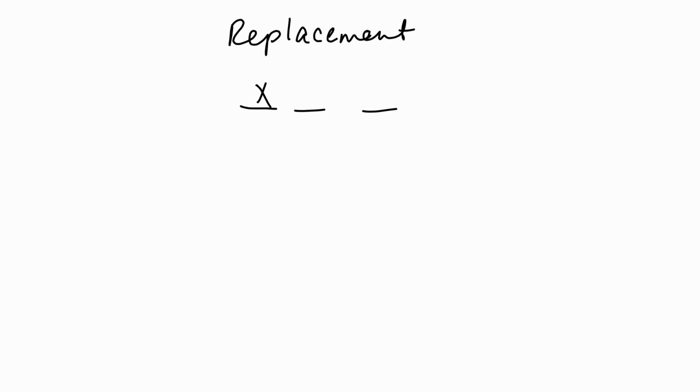When you start adding replacement, which would be every time I choose a number out of the bag, I look at it, I write it down, and then I put it back in the bag, so I could choose it again on the next round. The most obvious thing that I think about with replacement choosing is DNA, right?